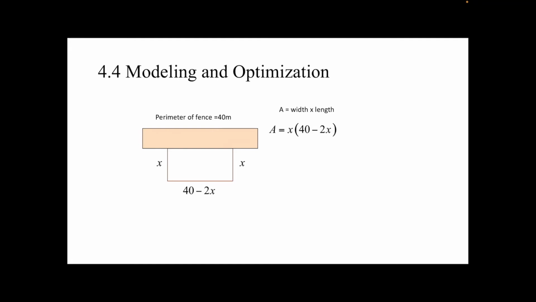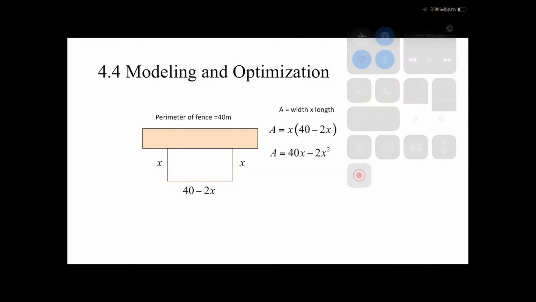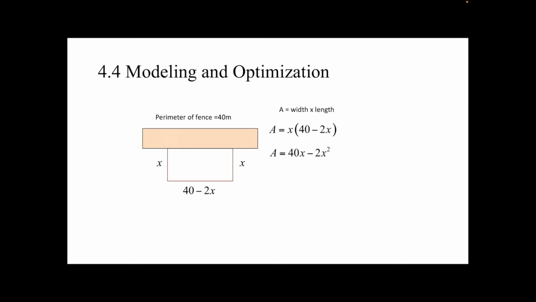If you see the word maximum in your question, I want you to derive your equation and put it equal to 0. The first thing we're going to do here is just expand out these brackets to make my derivation a little bit easier. So my area is equal to 40 times x minus 2x squared.